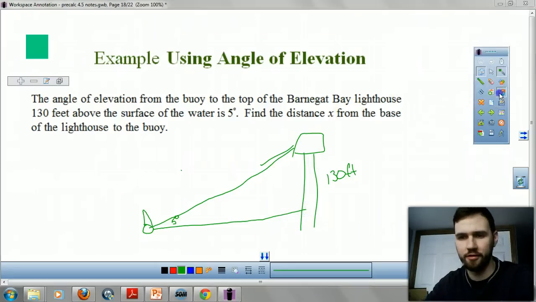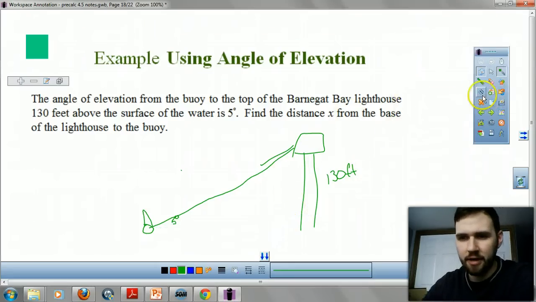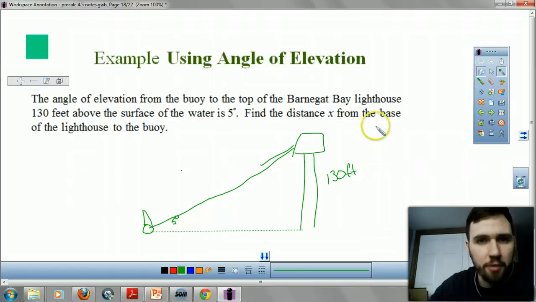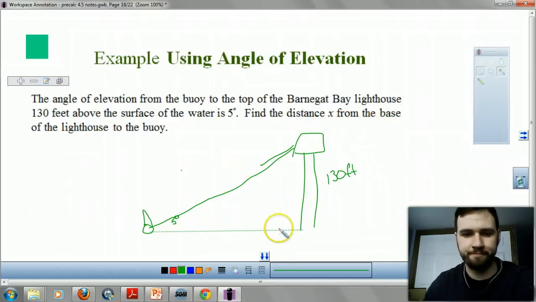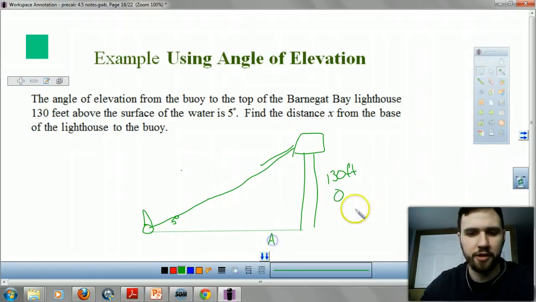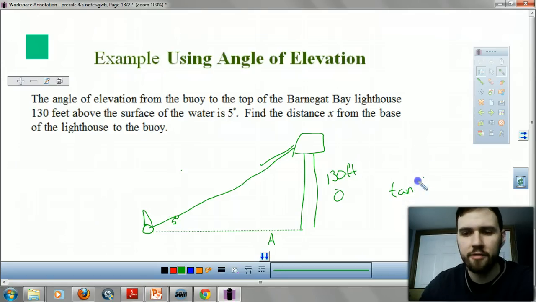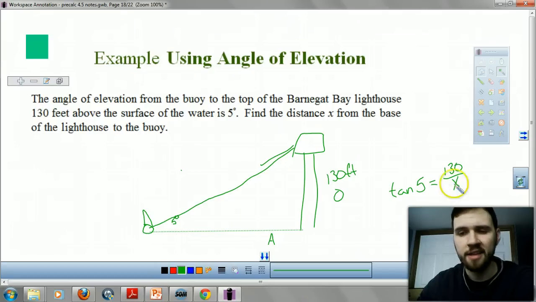We're going to draw a straight line. How far is that buoy to the lighthouse? So we have our opposite. We're looking for adjacent. So we set up our tan. Guys, remember examples are noteworthy. Tan of 5 degrees equals our opposite over our adjacent.